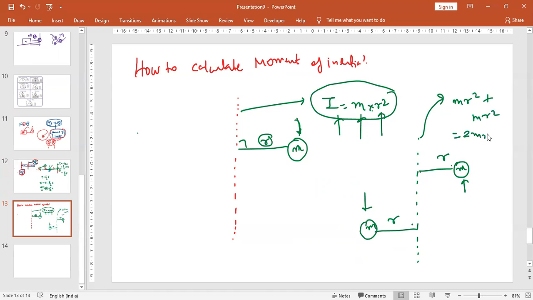So the net moment of inertia will be 2mr square. This is how you have to calculate the moment of inertia of any mass about any axis: mass into square of distance of the mass from the axis.